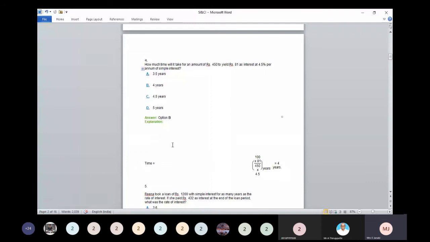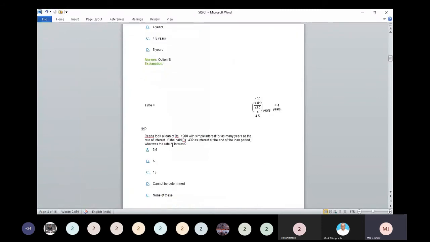What is the simple interest? 81 into 100 divided by the principal value 450 into the rate of interest 4.5. After simplifying this result, the answer is 4.